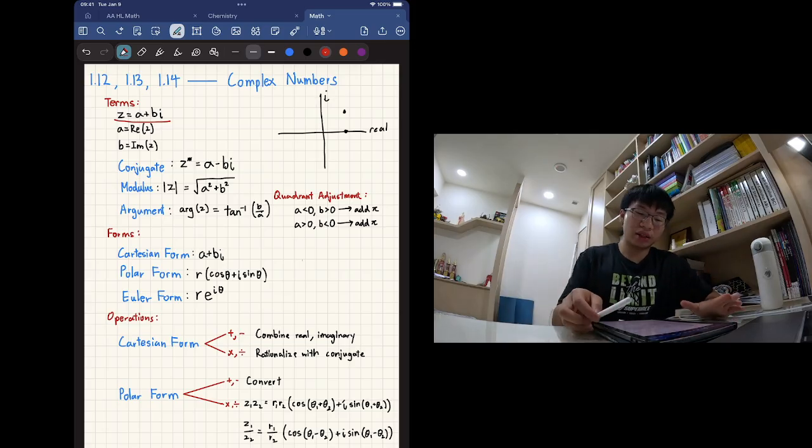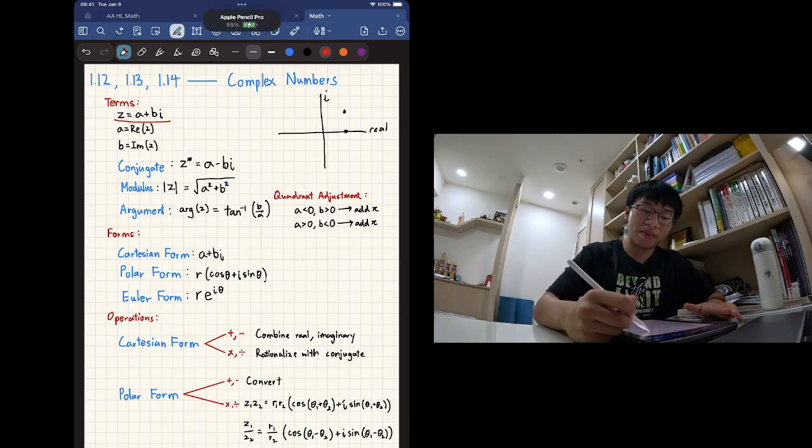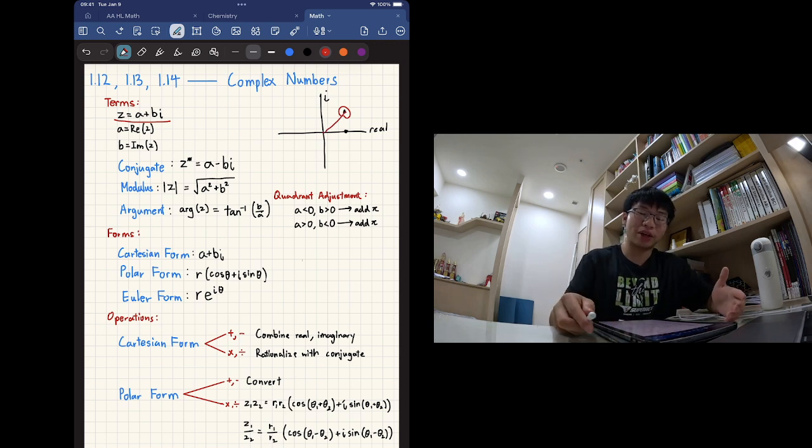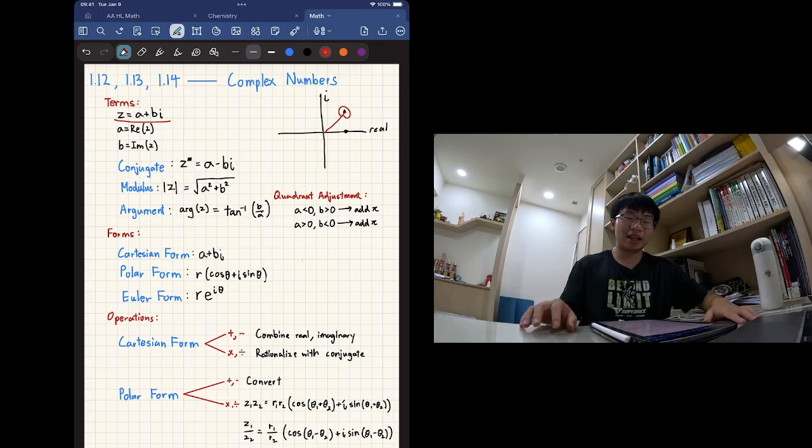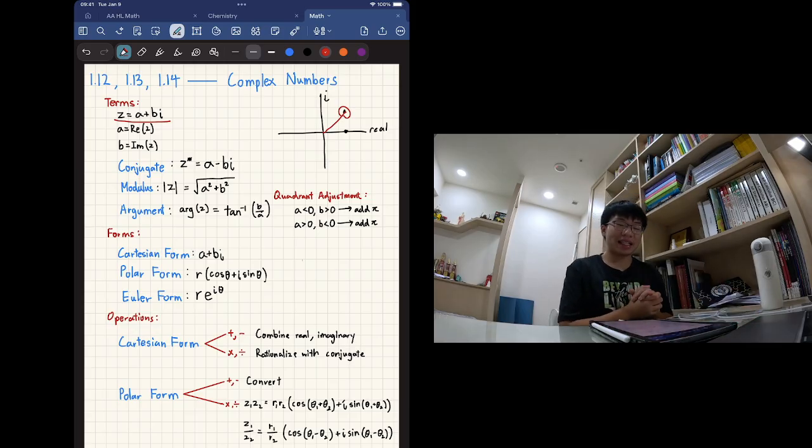The modulus is the distance from the point plotted on the graph to the origin. Using the Pythagorean theorem, we know it's the square root of a squared plus b squared, which gives the diagonal distance. The reason I want this, you'll see later, but keep it in mind in every single situation.